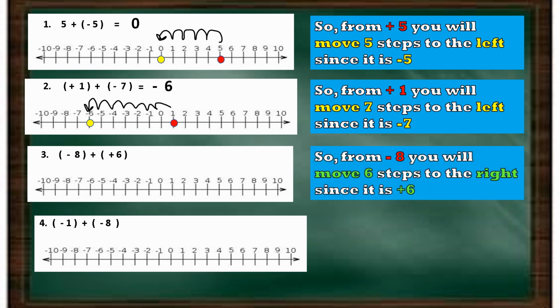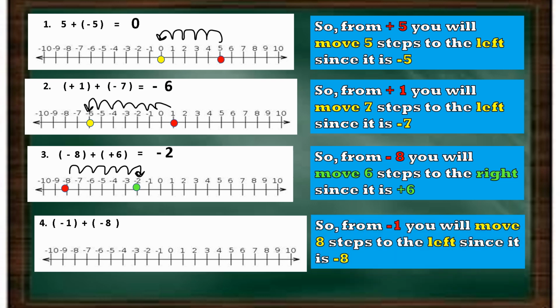Number 3. Negative 8 plus positive 6. So again, from the base negative 8, you will move 6 steps to the right since it is a positive integer, which is positive 6. So the answer of number 3 is negative 2.